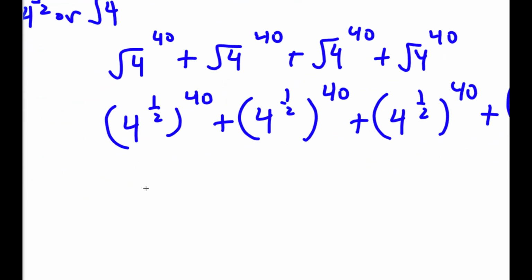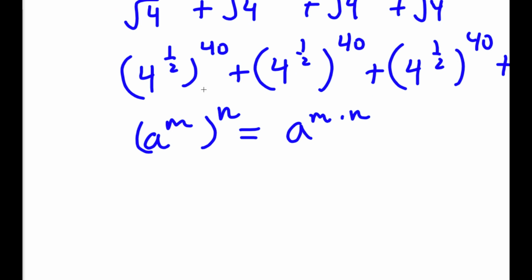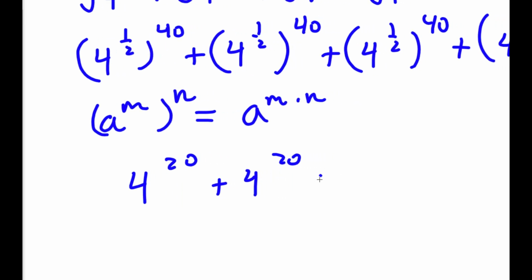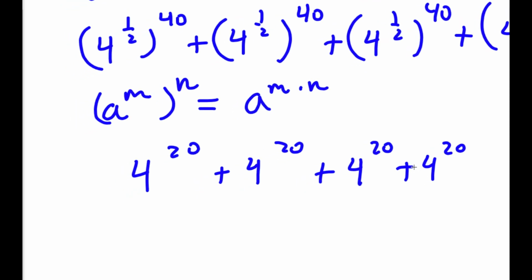Now, if I have something in the form a to the power of m to the power of n, this is equal to a to the power of m times n. So 4 to the power of 1/2 to the power of 40 would equal 4 to the power of 1/2 times 40, which is 4 to the power of 20. So now I have 4 to the power of 20 plus 4 to the power of 20 plus 4 to the power of 20 plus 4 to the power of 20.